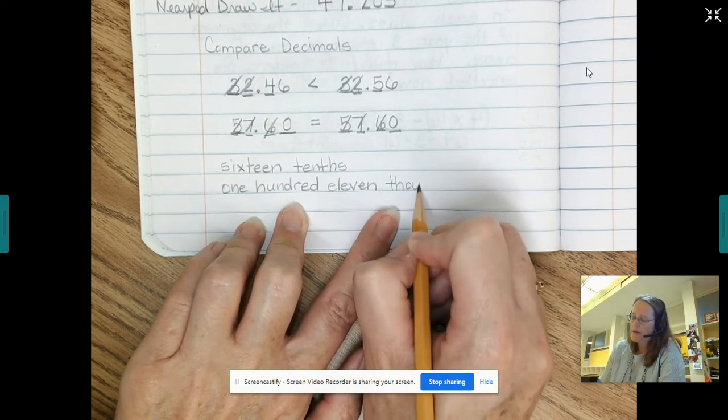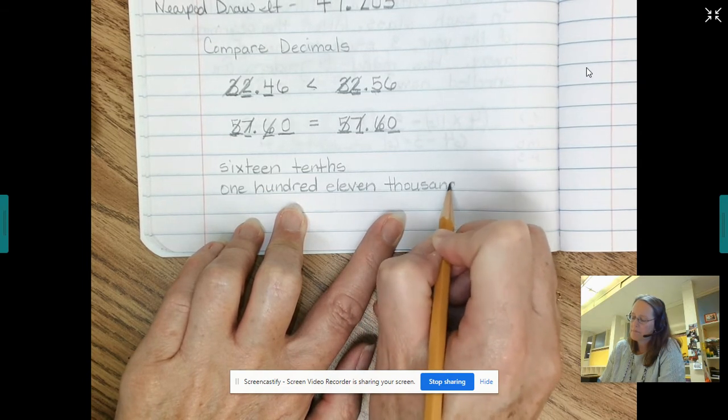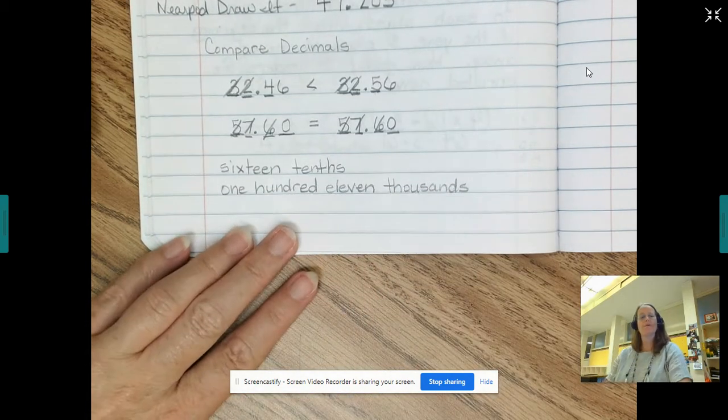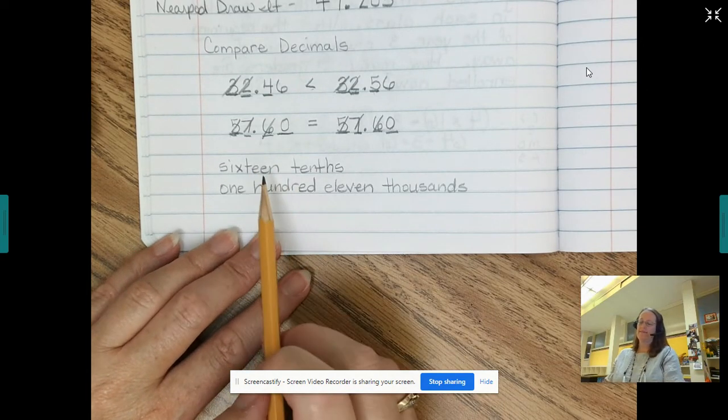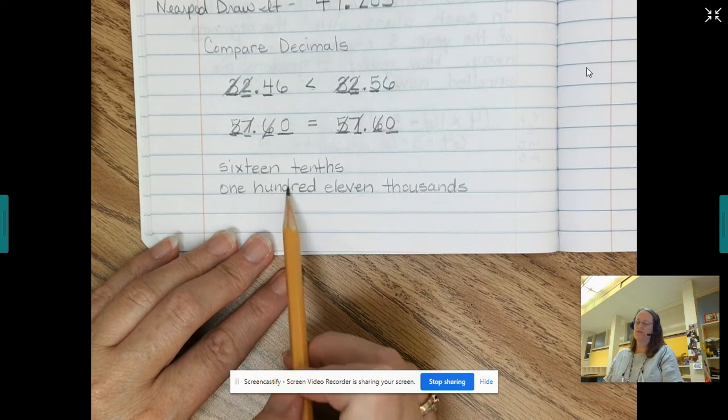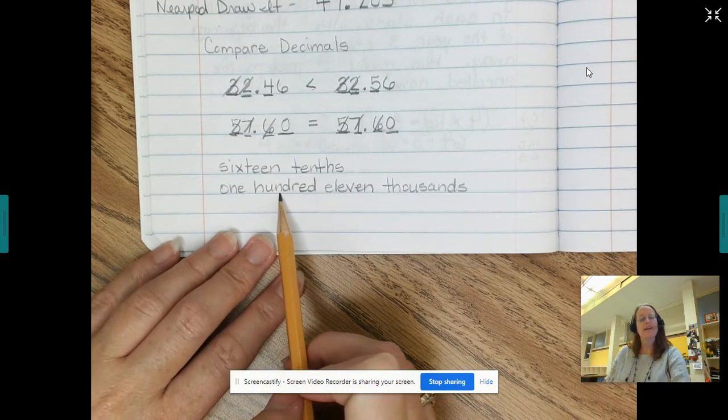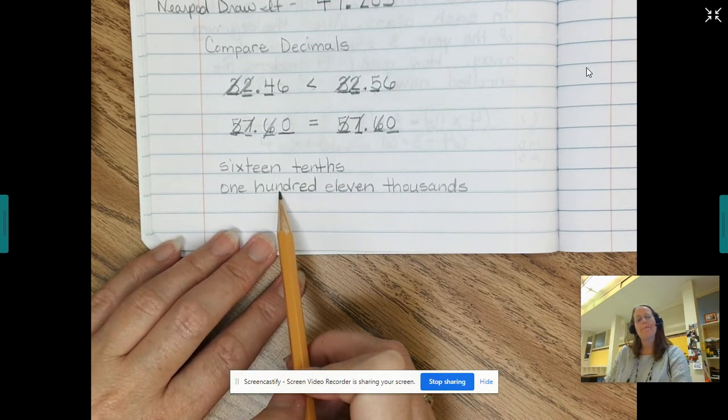I want to compare these two numbers. I wonder if you can compare these two looking at them in word form.